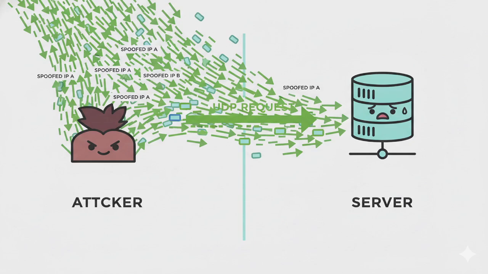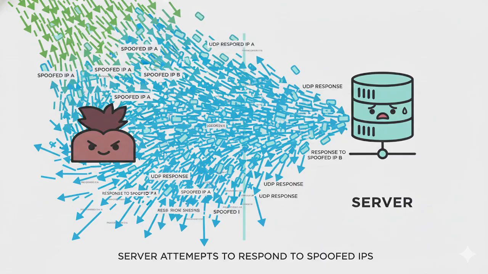The server is being bombarded with a massive volume of these UDP requests, each demanding a response. This overwhelming traffic quickly exhausts the server resources, causing it to become slow or unresponsive to legitimate users, achieving a denial of service.